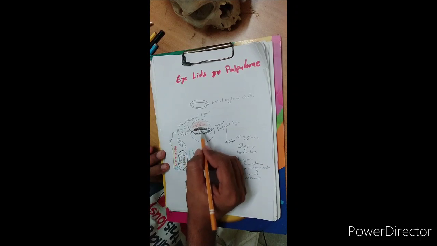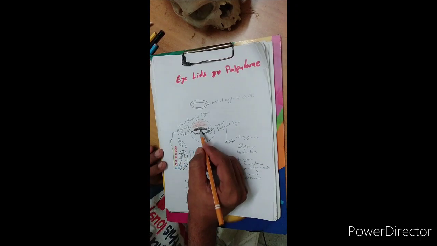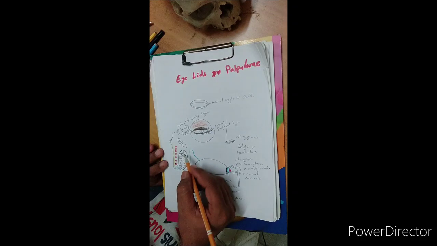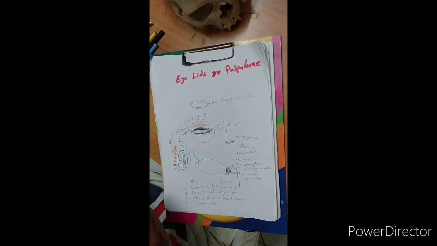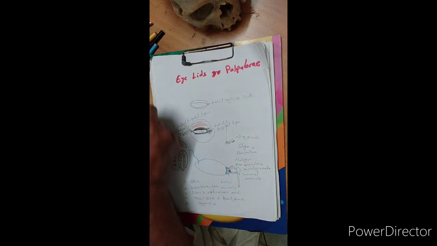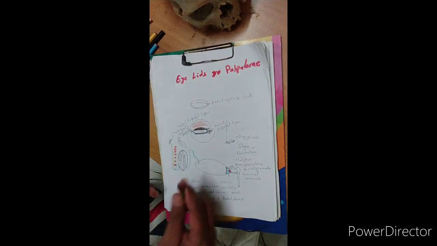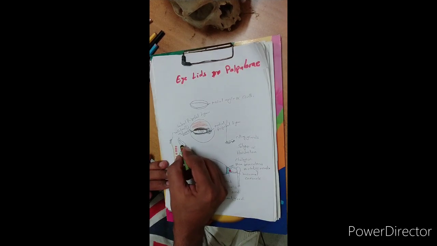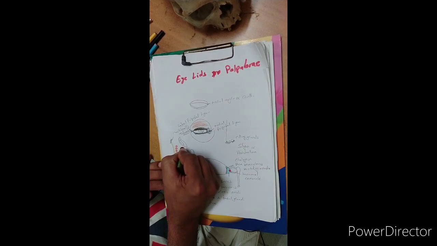Now, on the anterior side of the tarsal plate, especially the upper tarsal plate, there is an attachment of the fibers of the levator palpebrae superioris. These are the fibers of the levator palpebrae superioris.